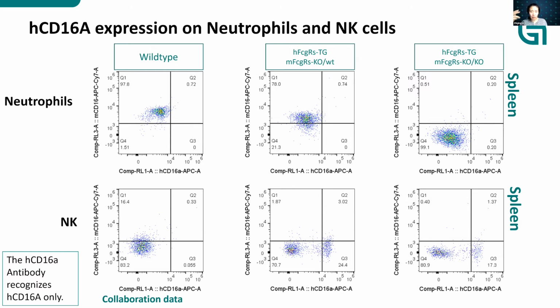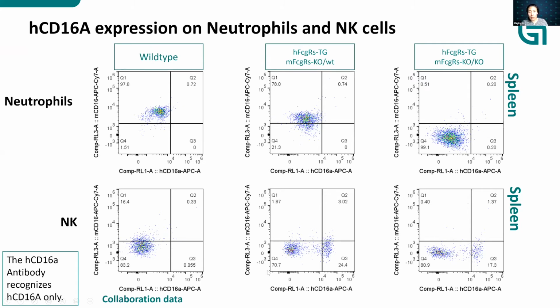If you remember, we were talking about how functionally relevant it is between the mouse and the human. So as you can tell, in the neutrophils, yes, the wild type animal neutrophils express CD16A, and in the fully humanized animal, there's some expression here as well. Not really very much.